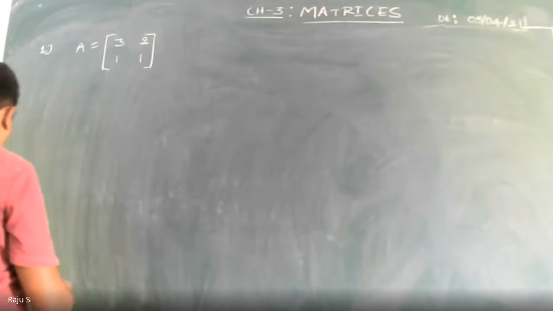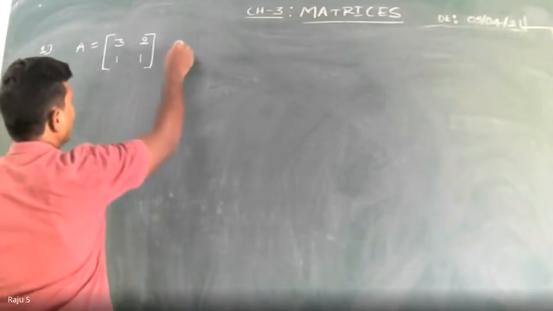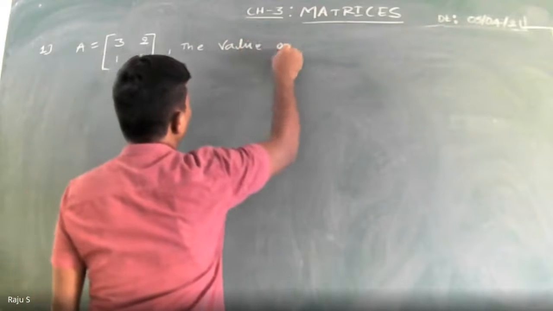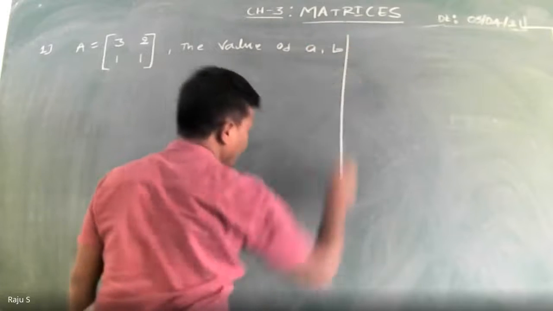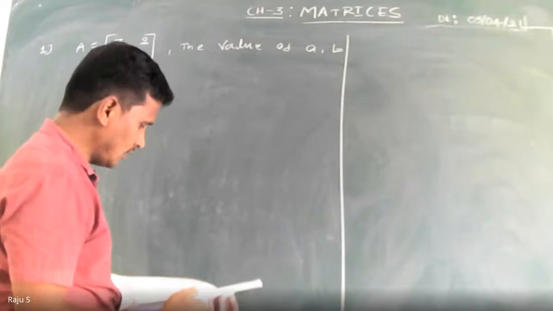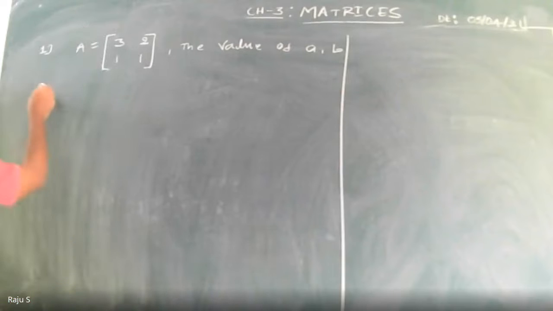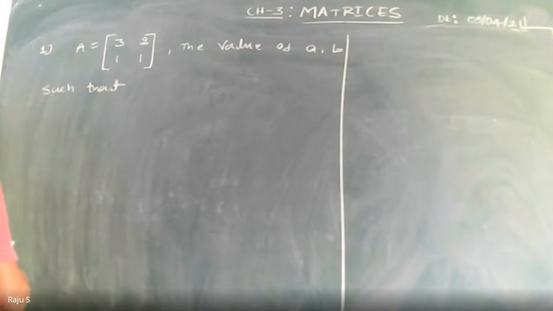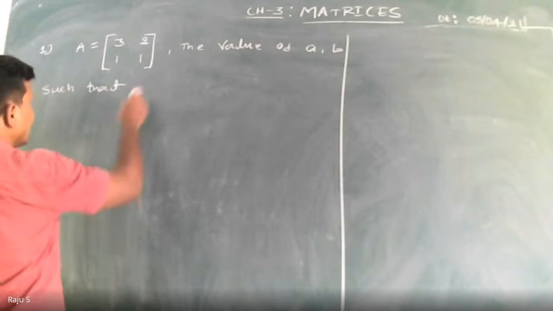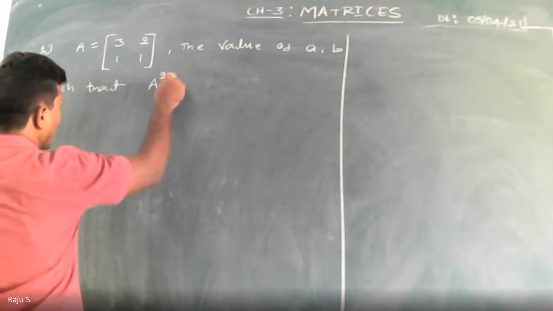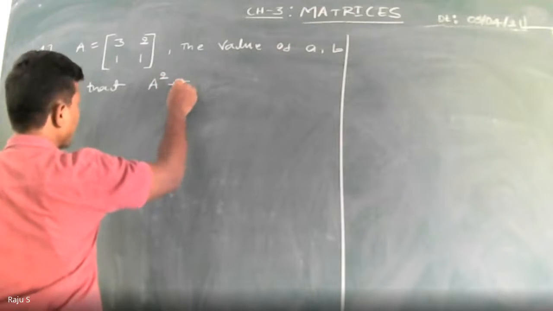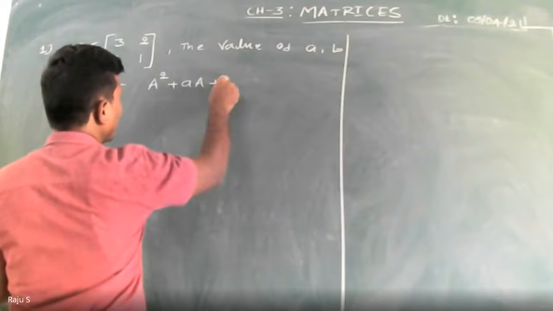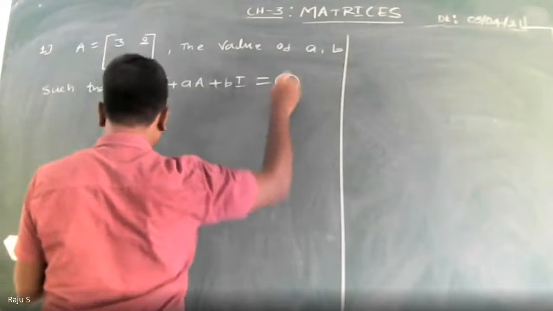Find the values of a and b such that it satisfies the condition A square plus a into A plus b into I is equal to 0.